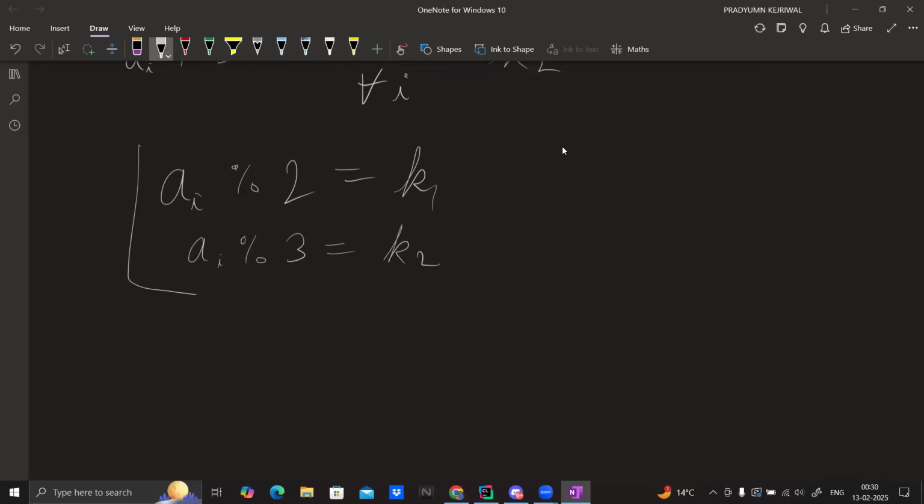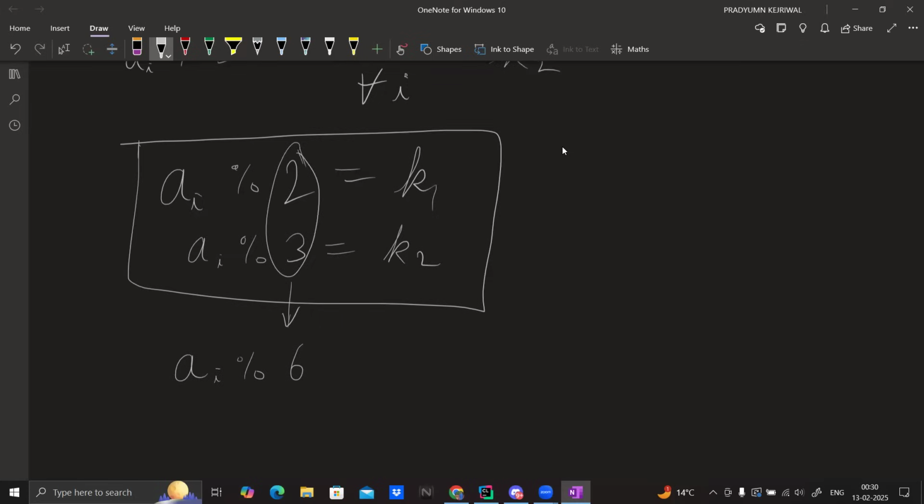If you have studied something like the Chinese remainder theorem, CRT, then these two congruences imply that AI modulo 6, the LCM of 2 and 3, is determined.